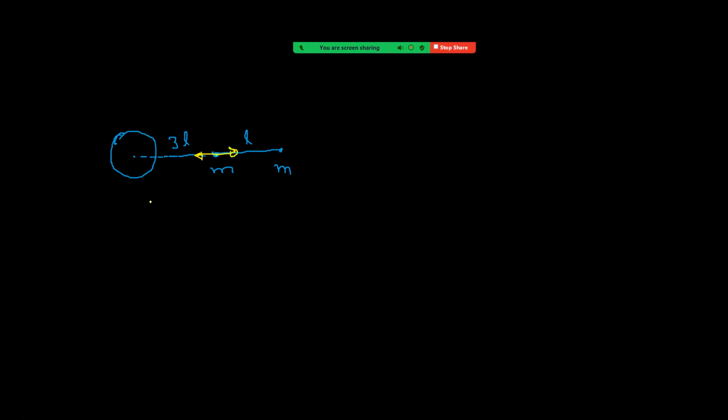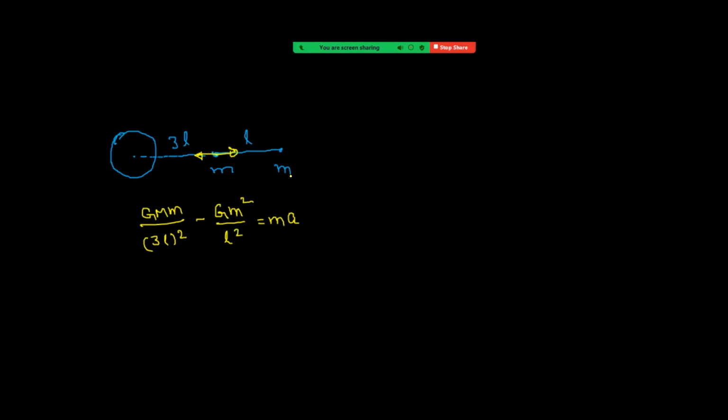So net value will be G M m by (3L) whole square minus G m m by L square. This is now net force, which is equal to mass into acceleration.